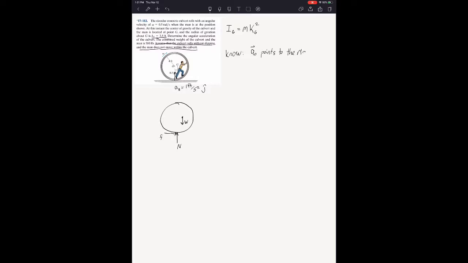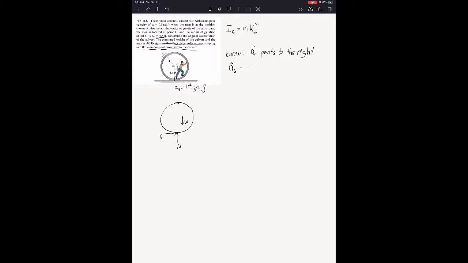Basically, I know that O travels in a straight line path, because this is a circle that's rolling, and O doesn't get any farther away or closer to the ground, so it points straight to the right.